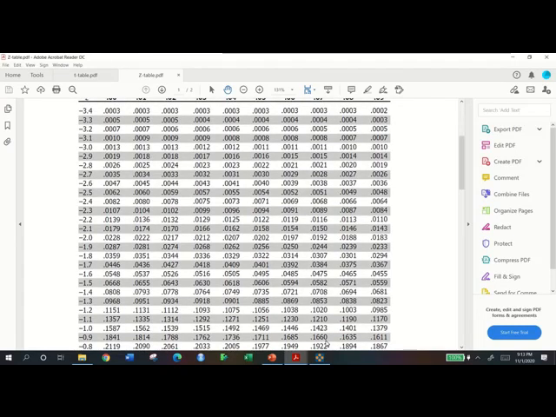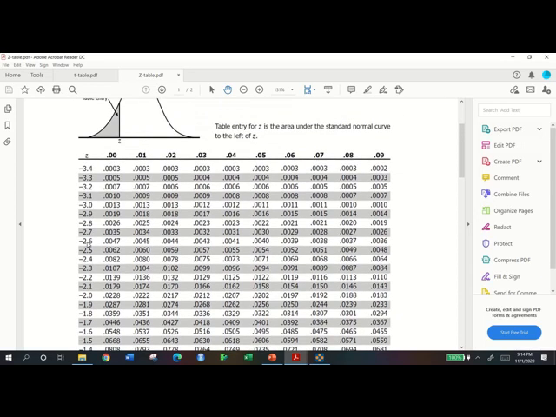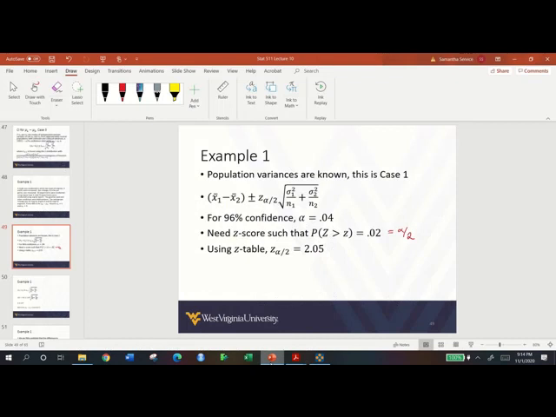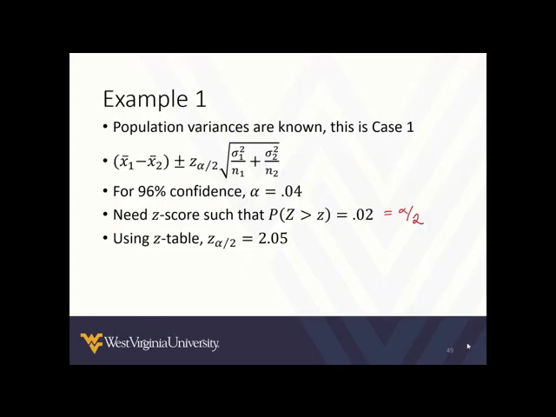So I want to get as close as possible to 0.02. And that looks like it's going to be between 0.0202 and 0.0197. So that'd be 2.0 and between 0.05 and 0.06. So it is a little bit closer to 0.05, so that is what we've gone with.